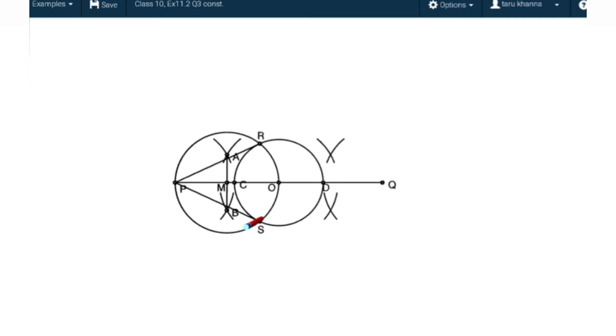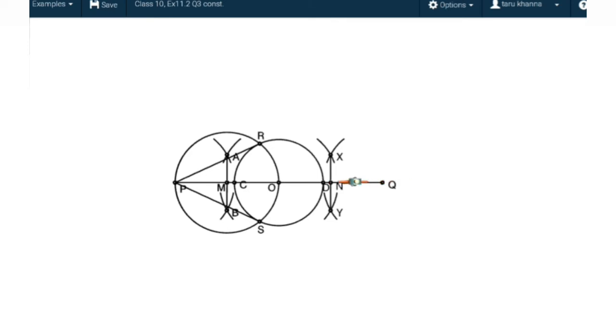So here we have drawn the perpendicular bisector. Now XY is the perpendicular bisector of the line segment OQ. And we will mark the point of intersection of XY with OQ as point N. So N is the midpoint of OQ.